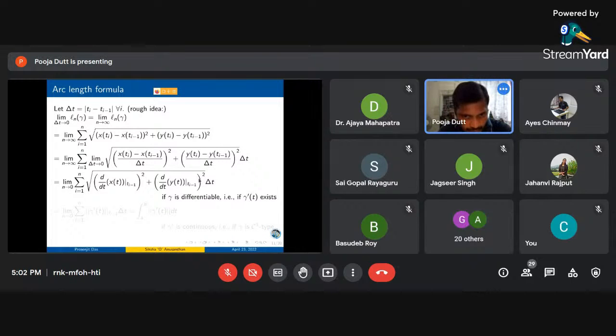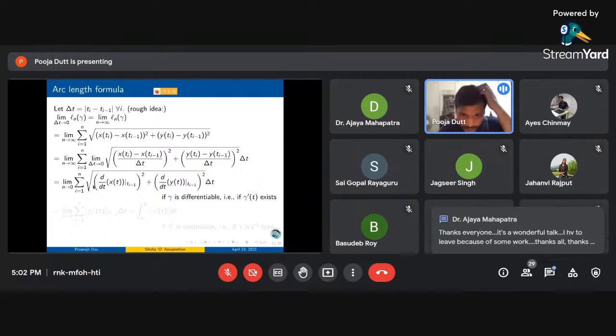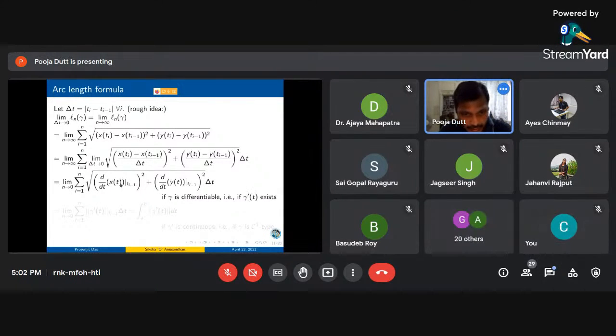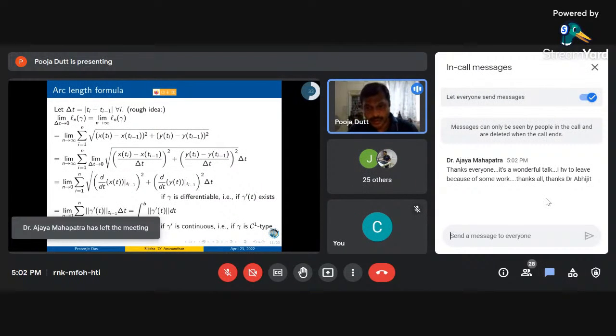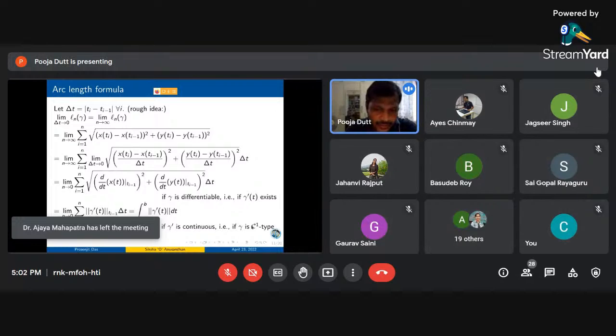The square root function is automatically continuous, the sum is automatically continuous, and the square is automatically continuous. So what remains is the derivative: each of the derivatives should be continuous. Then the function is continuous, the Riemann integral exists, and hence the limit exists. So gamma prime t should exist, meaning the derivatives of xt and yt should also be continuous. That tells you we need gamma to be a C1 type function.